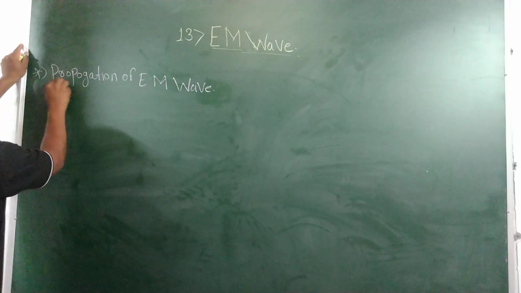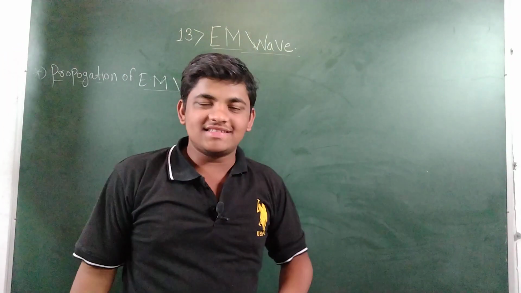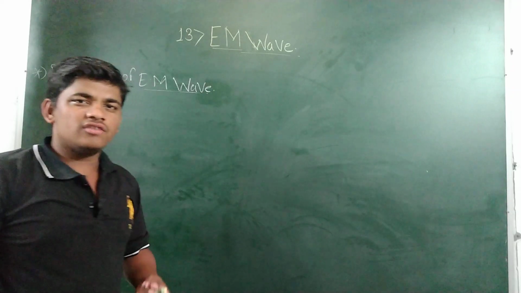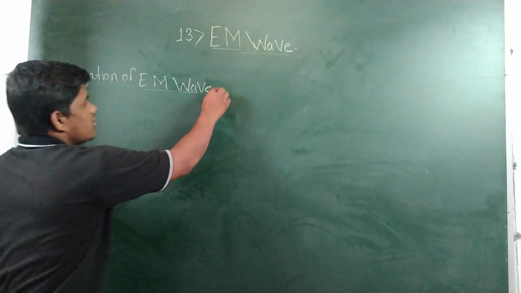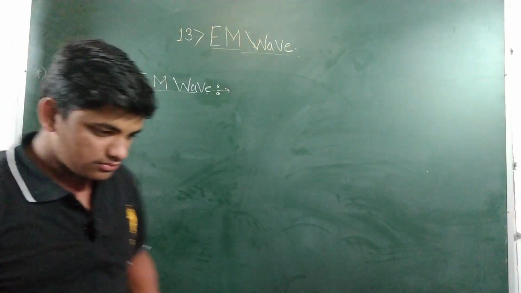When we discussed the different types of electromagnetic waves, we knew radio waves, X-rays, ultraviolet rays, and other types.